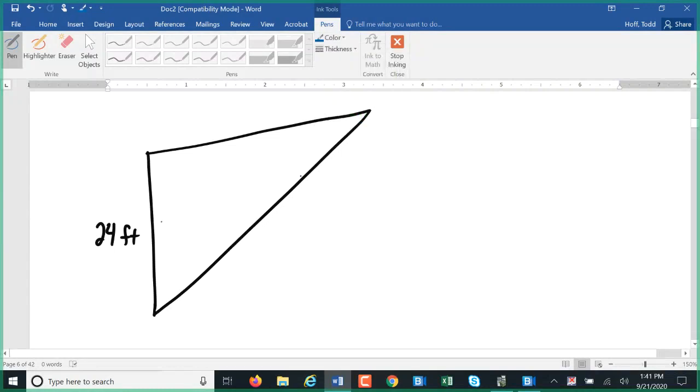Of course, now then, the altitude or the height has to come from the opposite corner. That's this corner over here. And to measure that back, it's going to measure something like this. To extend this out, and let's say that is 32 feet.